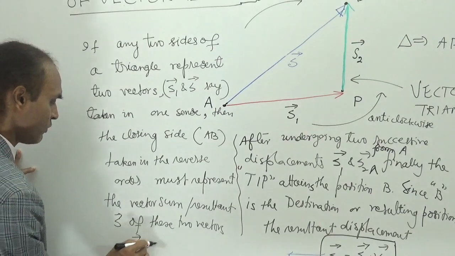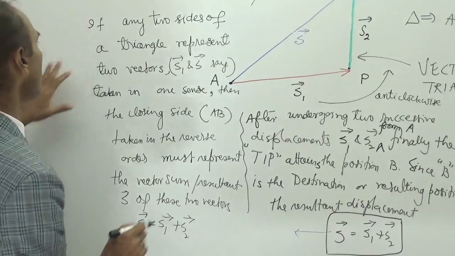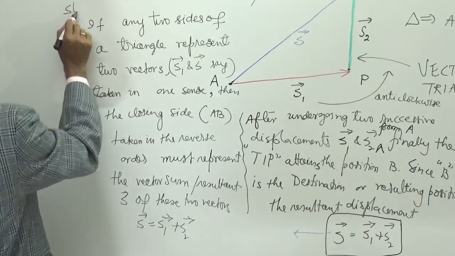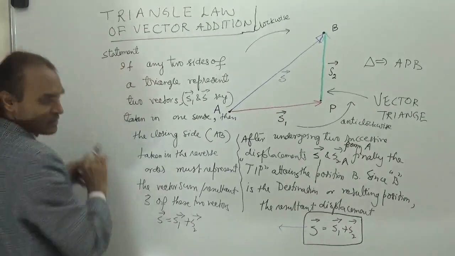So S is equal to S1 plus S2. This is the statement of triangle law of vectors.